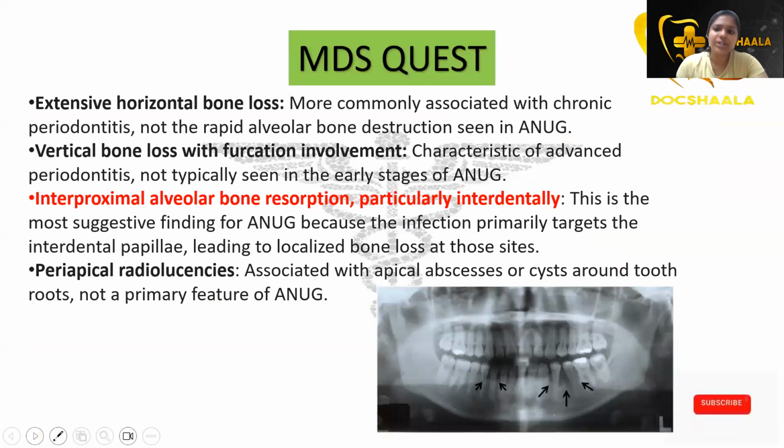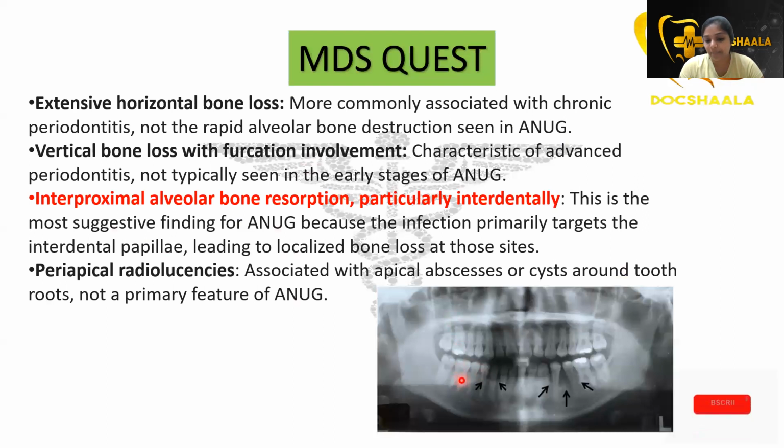So coming to the radiographic features that we see in ANUG. So first thing is we see extensive horizontal bone loss. Okay, it is most commonly associated because in ANUG we see chronic periodontitis lesions. And vertical bone loss with furcation involvement, especially in the molars, is also seen. And interproximal alveolar bone resorption, particularly interdentally.